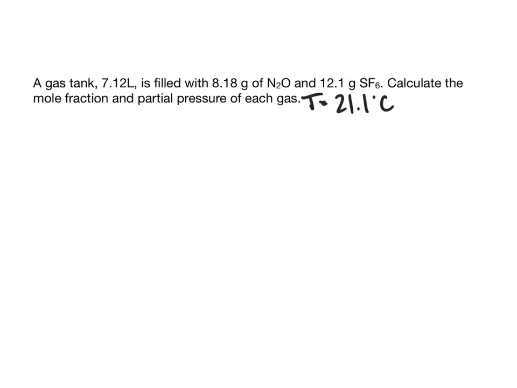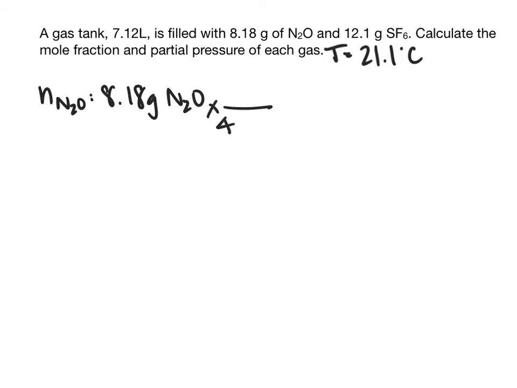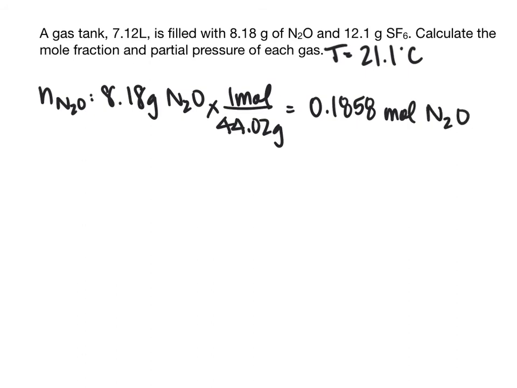I'm going to start by calculating the moles of each. So n of N2O is going to be 8.18 grams of N2O divided by 44.02 grams in 1 mole, which is 0.1858 moles of N2O.